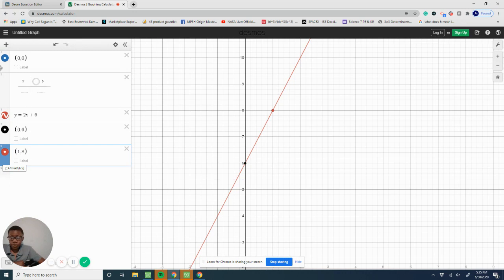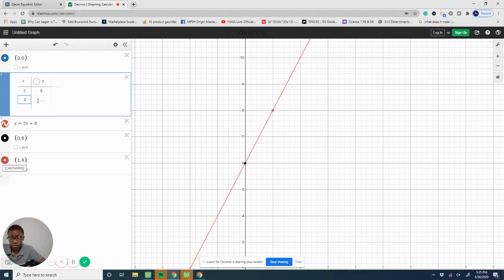And we have these 2 points. Let's put this into the table. So we have 0 and 6, and 1 and 8. This is our x1 and our first y coordinate, y1. Here's our second x coordinate and y coordinate, x2 and y2. So what we're going to do is substitute in these values.